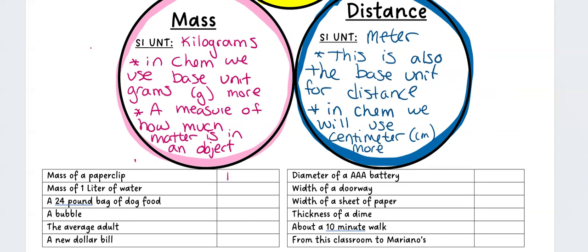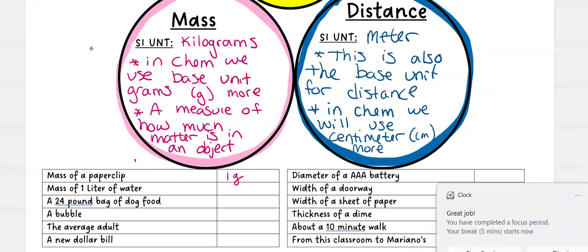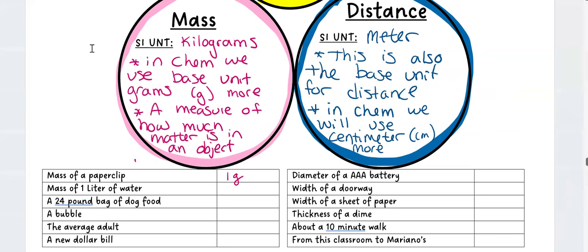A paper clip is about 1 gram. So if you're holding a paper clip in your hand, it's about 1 gram. The mass of 1 liter of water is about a kilogram. If you have a 24-pound bag of dog food, that's going to be about 10 kilograms.